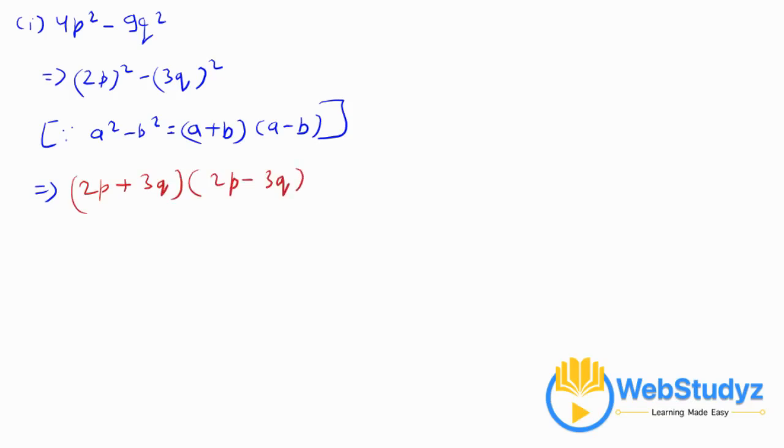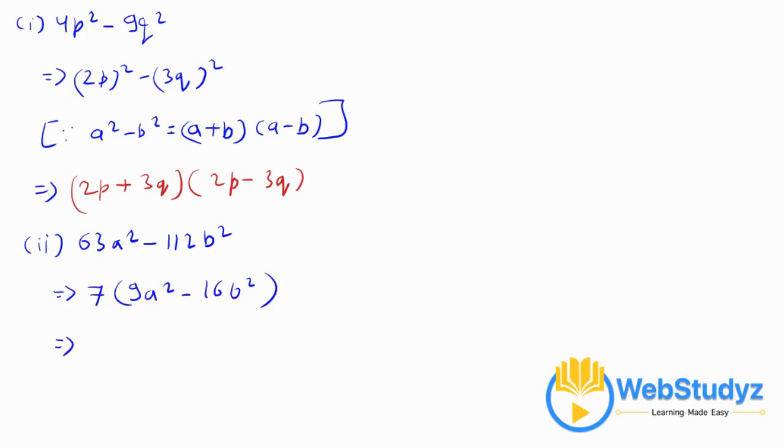Now move on to the second one, that is 63a square minus 112b square. So we can take 7 common from this. Inside we get 9a square minus 16b square.